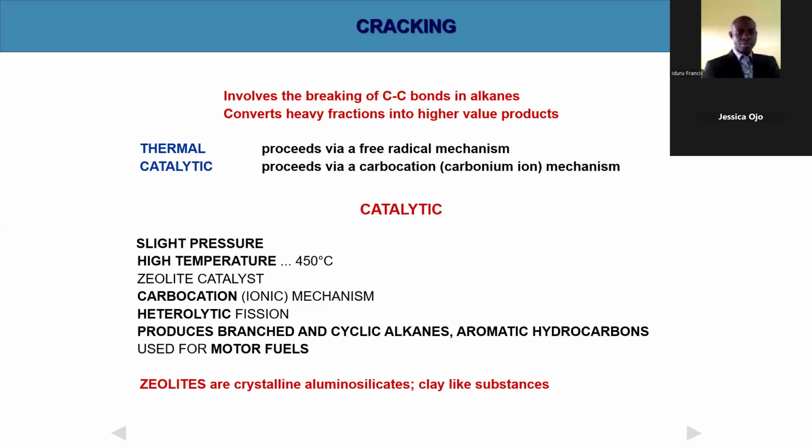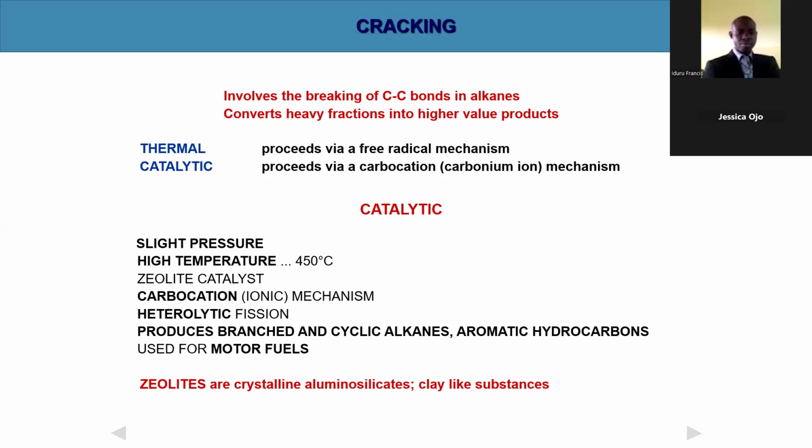Then you require a catalyst, zeolite catalyst, though they will not ask you to mention it, and it covers electrophilic fission, breaking of a bond in such a way that both electrons are taken by one of the species formed.